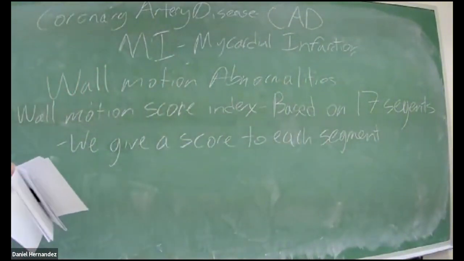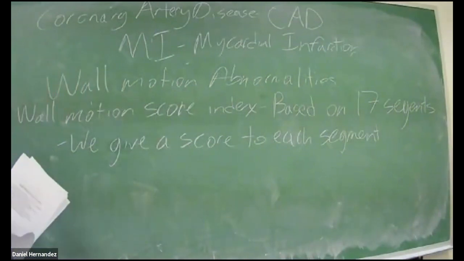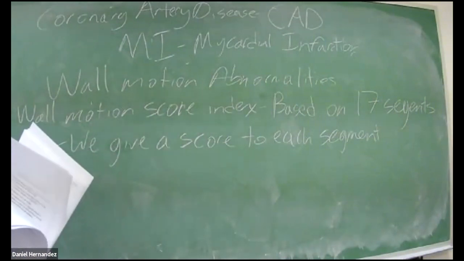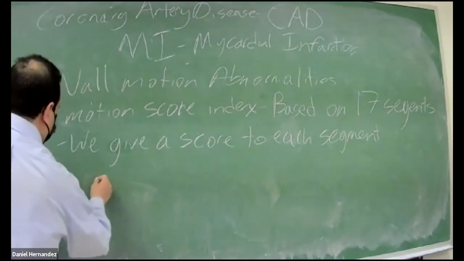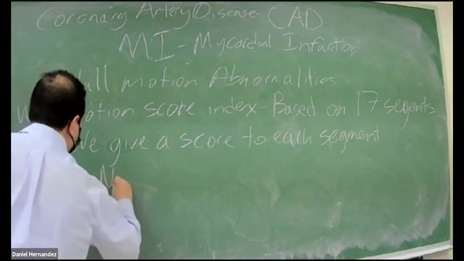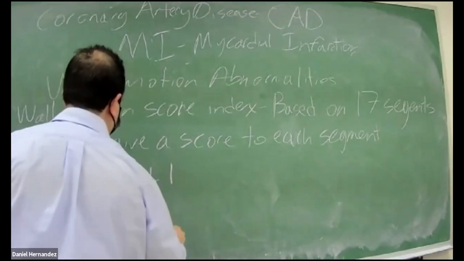And the way we score each segment is we have to grade it first as either normal, hypokinetic, akinetic, or dyskinetic. So if it's normal, it's a score of 1.